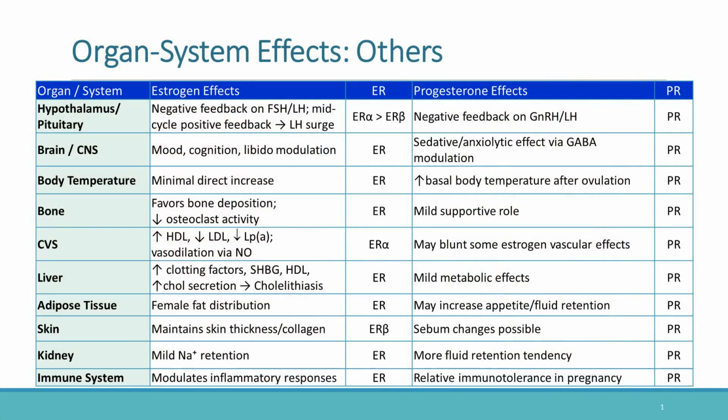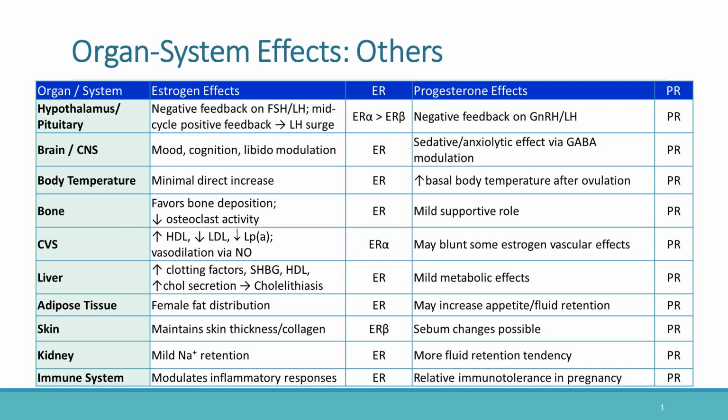Estrogen and progesterone exert effects throughout the body. In the hypothalamus and pituitary gland, estrogens regulate gonadotropin secretion and trigger the mid-cycle LH surge. In the central nervous system, estrogens influence mood and cognition, whereas progesterone produces sedative and anxiolytic effects through GABA modulation.